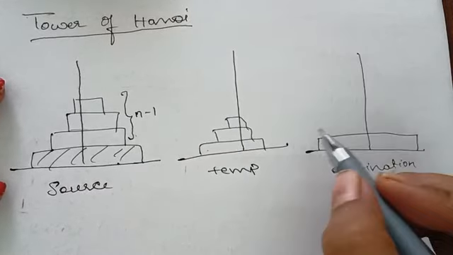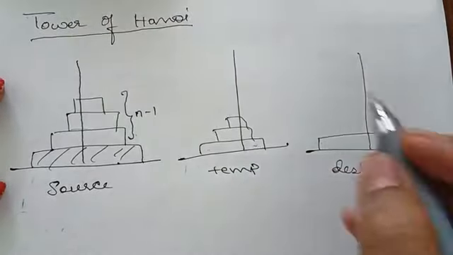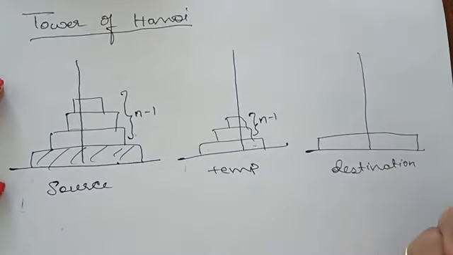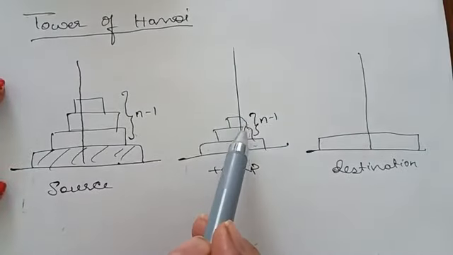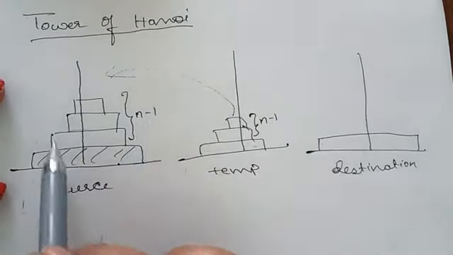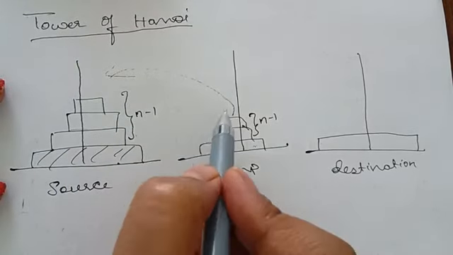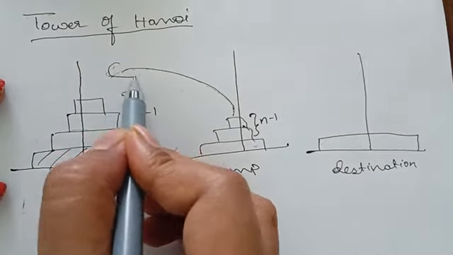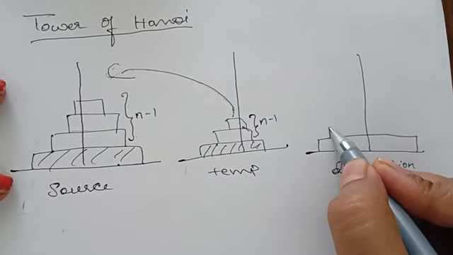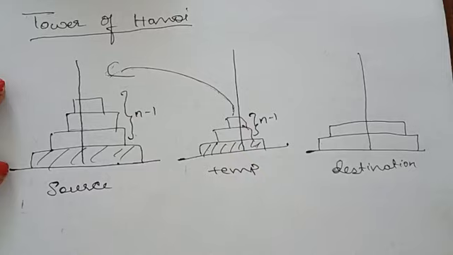Next, again I have to move these disks to destination. So here also again I have to consider n-1. I'll transfer these n-1 disks to source, because in source we don't have anything, is it not? If I transfer that, only this one will be left out, and that will be transferred to destination.